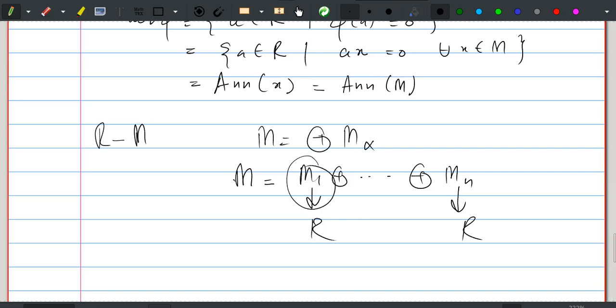So another definition for M to be free is that it is isomorphic to some copies of the underlying ring. So in this case we have n submodules.